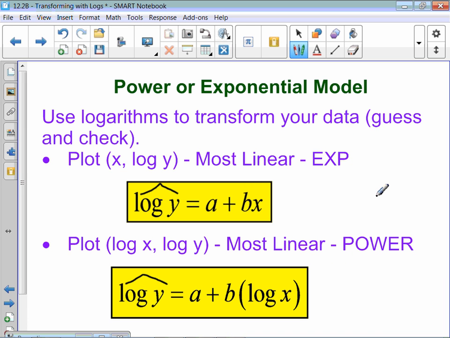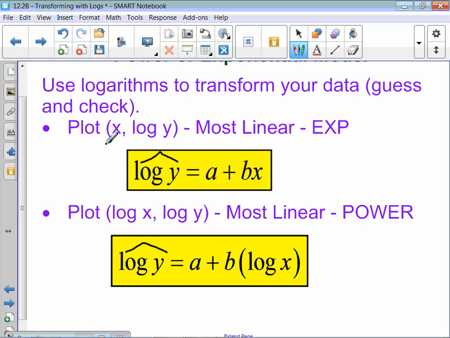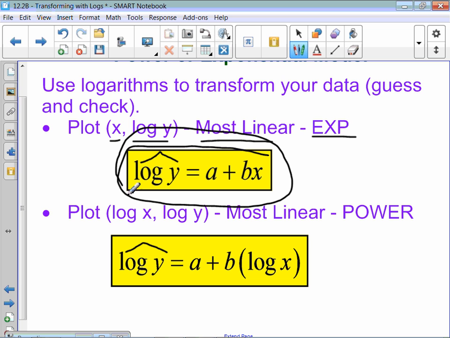All right, power or exponential model. So use logarithms to transform your data. You got to use guess and check sometimes. So you want to plot first your x and then plot where you log the outputs only. If you log just the outputs and you get a pretty much linear graph, then you have an exponential model, and you want to use this equation where you only log the y.